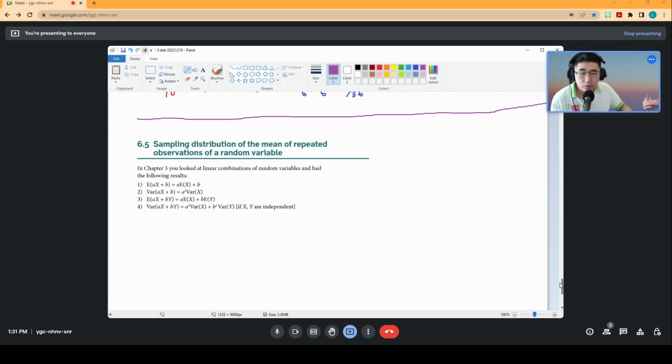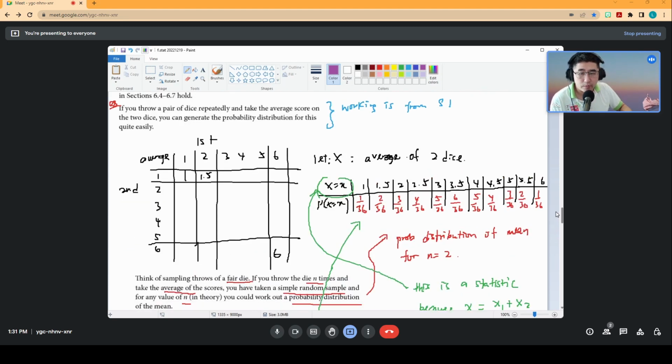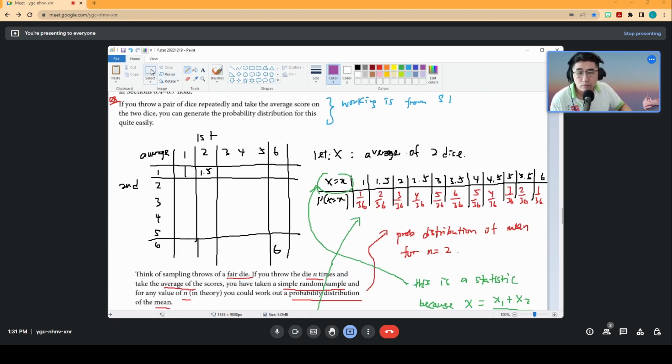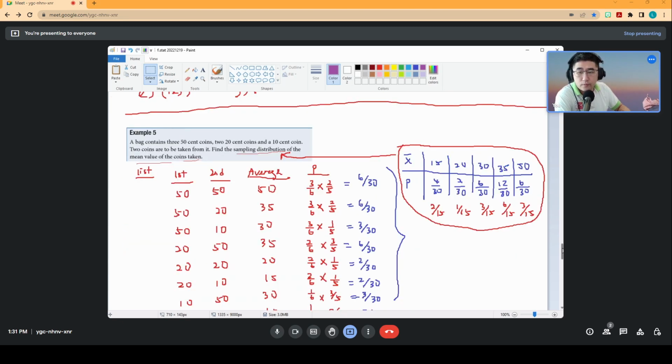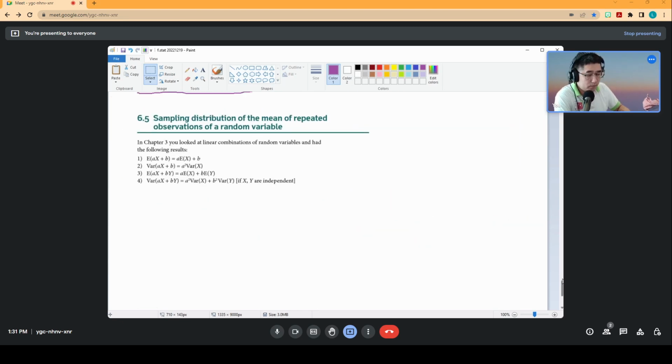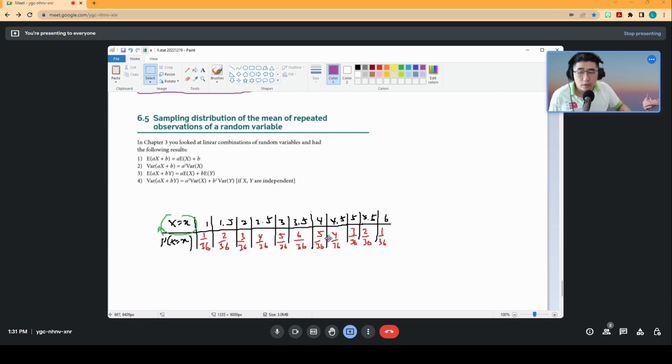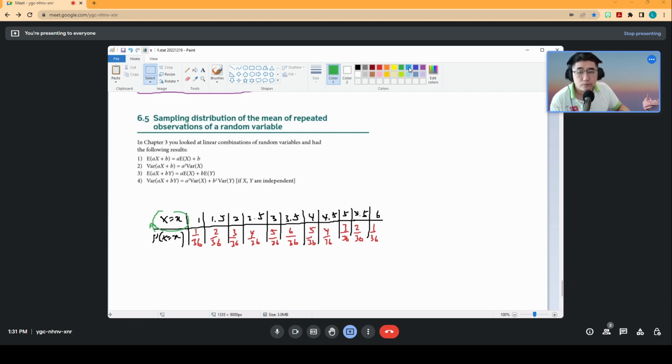For example, let's say from this example, I need to construct the mean. I need to construct the calculation, the table. Table method. Then only can I get this number.